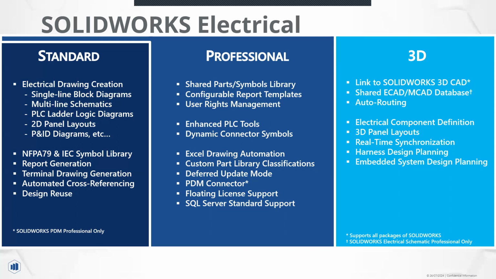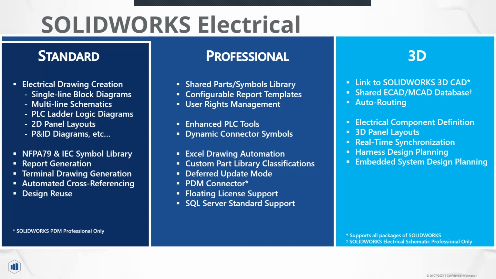Then finally, if you have electrical schematic professional, you're able to use the electrical 3D if you purchase that as well. That will link to 3D CAD. You have a shared ECAD and MCAD database, so that would be things like sharing the 3D files for the components that you're placing in the 2D schematic.